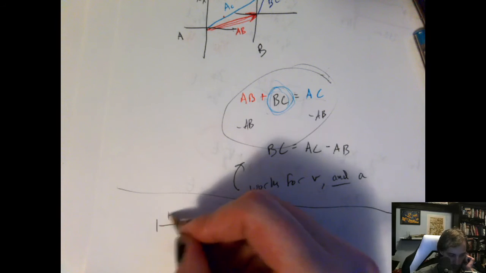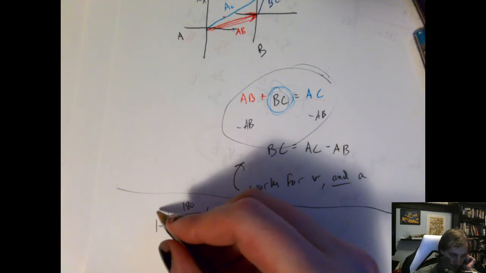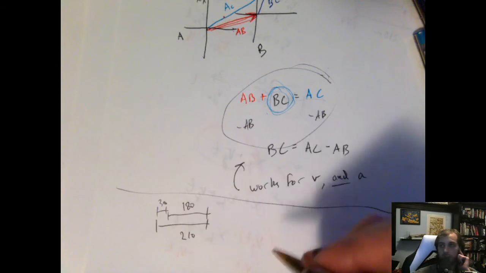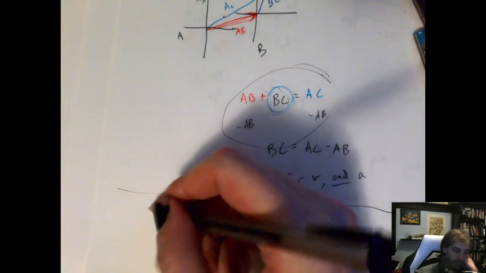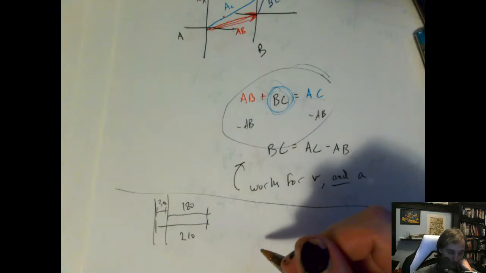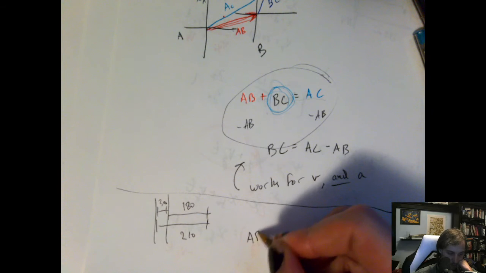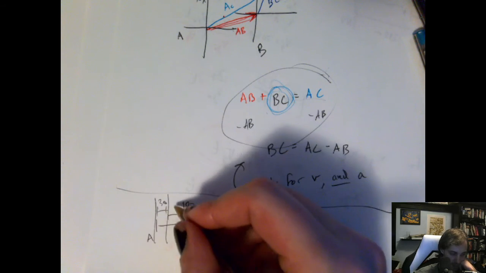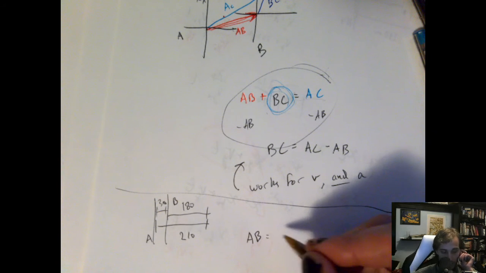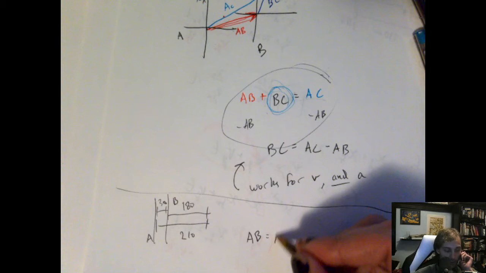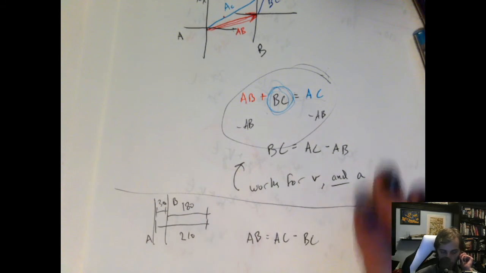If we take this 210-mile trip and we instead think of it using reference frames, what we can do is we can say the distance from you to your friend, which in this case would be AB, where you are A and your friend is B, will be equal to the distance from you to New York minus the distance from your friend to New York.